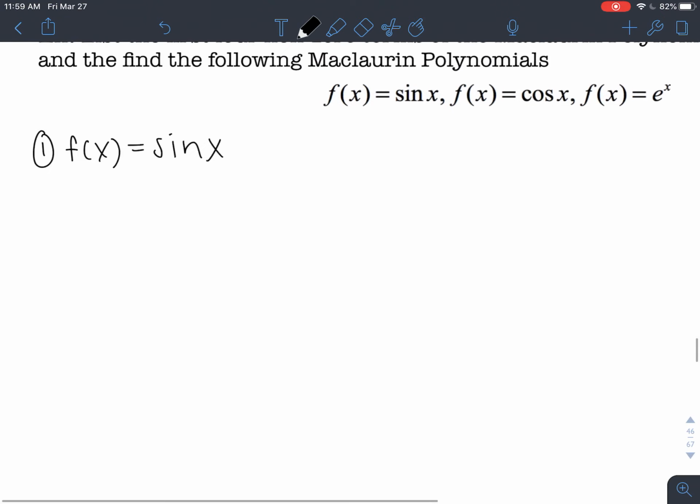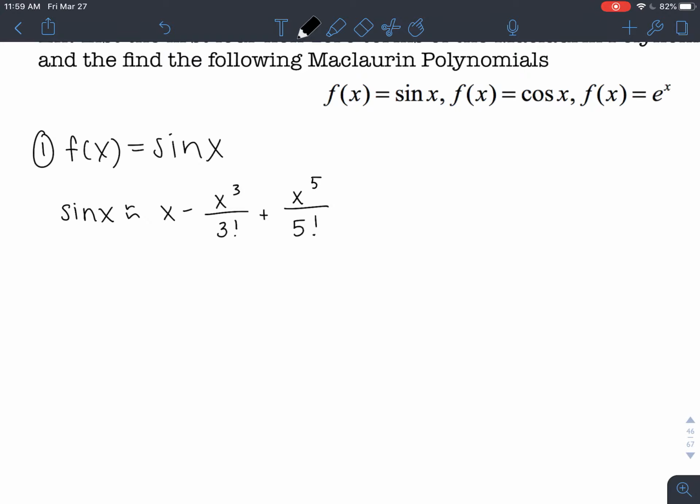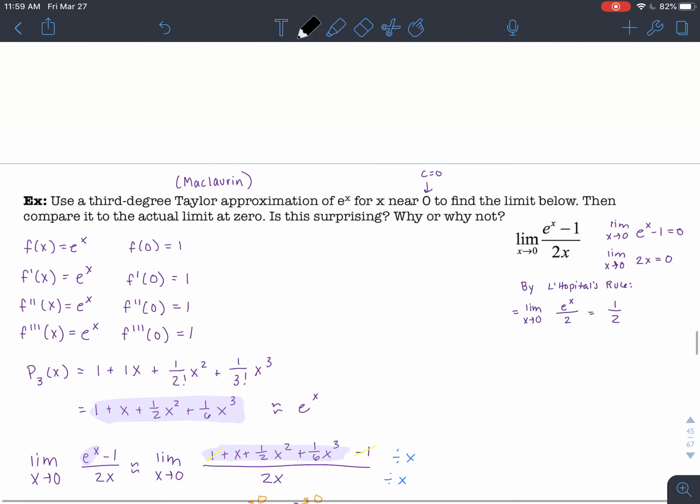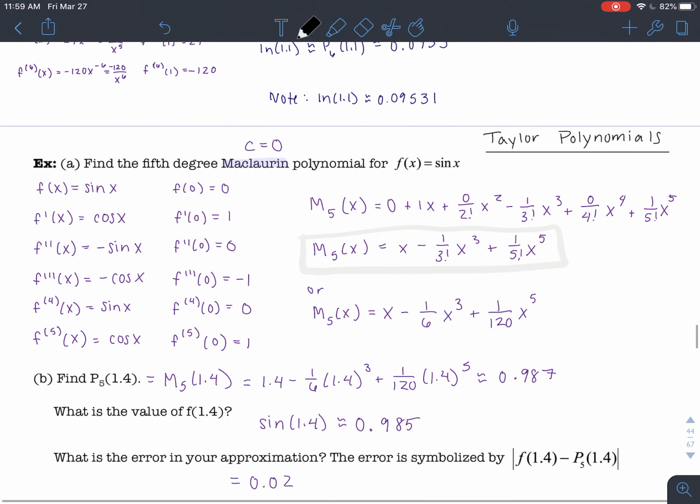So the first one is sine of x, which we have done before. I'm just going to look up, we actually did it at the first page of this packet. So sine of x is approximately equal to x minus x cubed over 3 factorial plus x to the 5th over 5 factorial minus x to the 7th over 7 factorial.